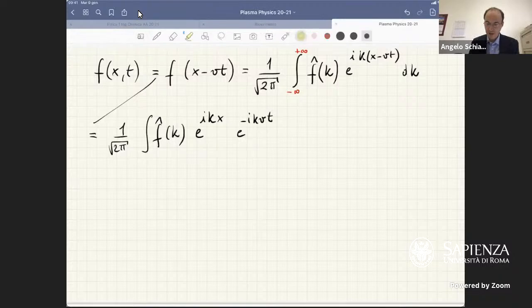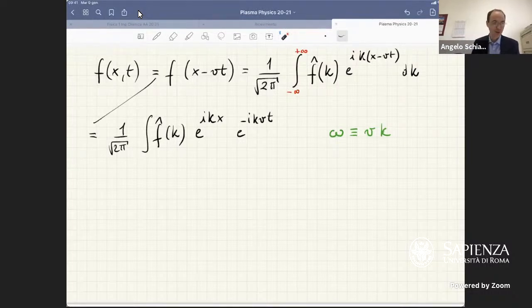At this stage, we define a new quantity, which is called omega. We take the Fourier transform with respect to the first argument, and now we introduce the omega quantity, which is just defined by saying that omega is v times k, so that in front of time we have an angular frequency, as we have when we do the Fourier transform with respect to time instead of space.